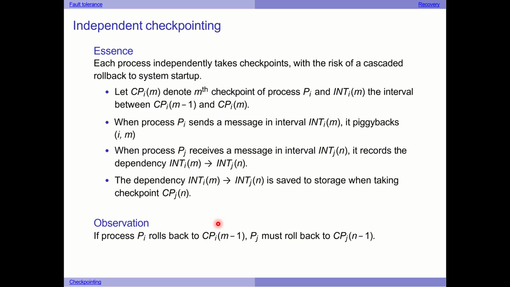So when P I has rolled back, P J must also roll back, because the operation of P J is dependent on the information given by P I.